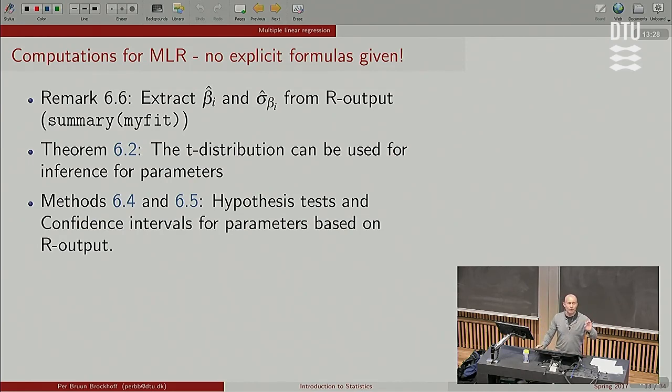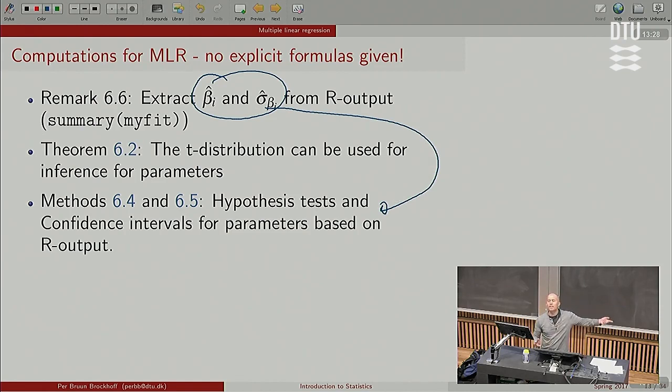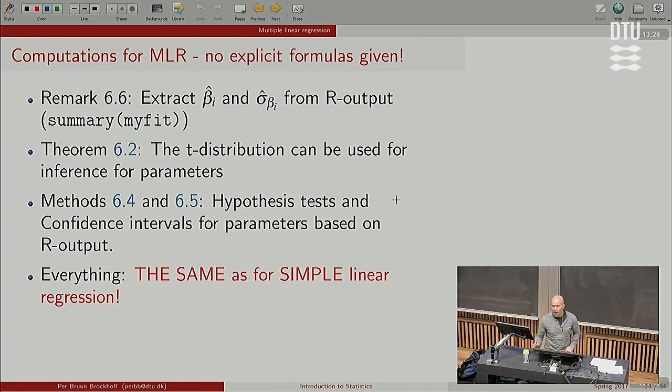Again, these are given by explicit formulas, but they are based on the fact that we can extract these values from the R output. So it's a kind of meta method box, where we don't know the very detail of it, but we know how to look at the output. And as I've said a couple of times, this is just doing what I taught you last time, but for all the x's in the output. That's why I do it very rapidly, because I hope it shouldn't impose a big challenge, although we don't know all the details.